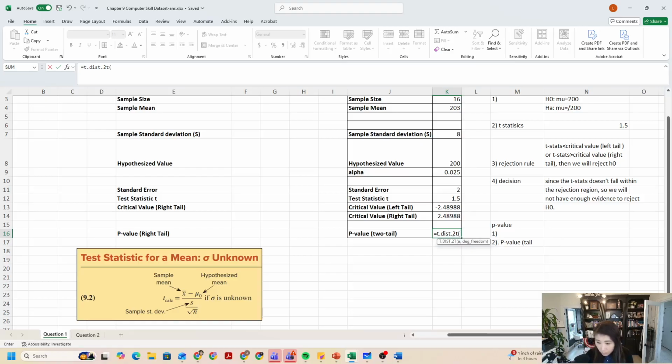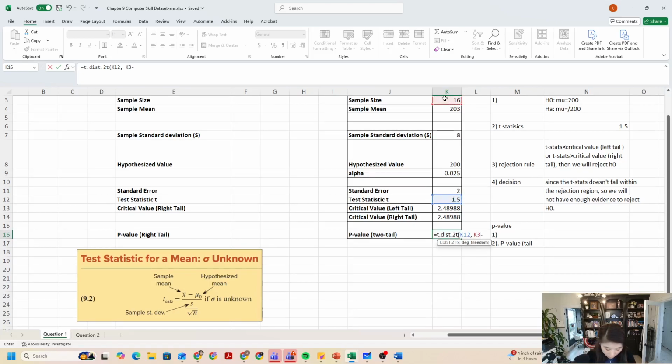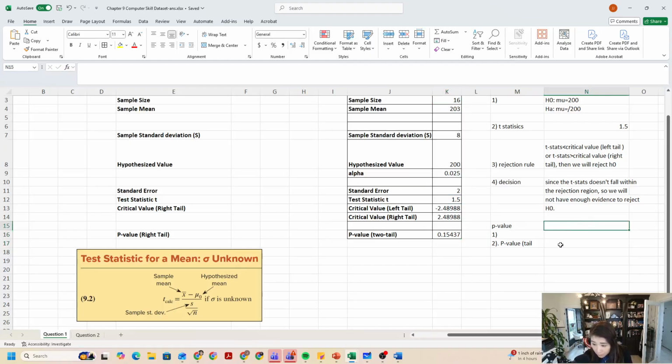Here we need the input of x, which is the t-stat you calculated. The degrees of freedom are still the same, the sample size minus 1. Close the parentheses and you receive the p-value. This p-value will be 0.15437.